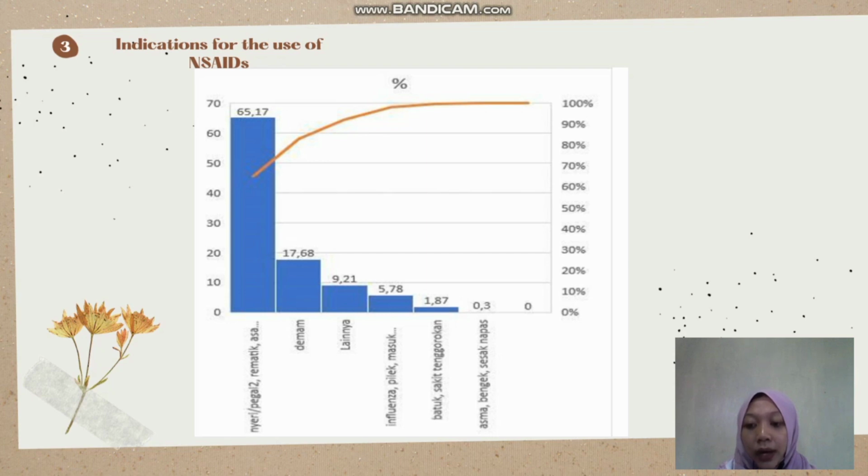People who buy medicine from drugstores and self-medicate to deal with pain complaints reported 26.4%. Most non-steroid anti-inflammation drugs in hospitals are obtained from pharmacies for rheumatic pain and non-rheumatic pain.